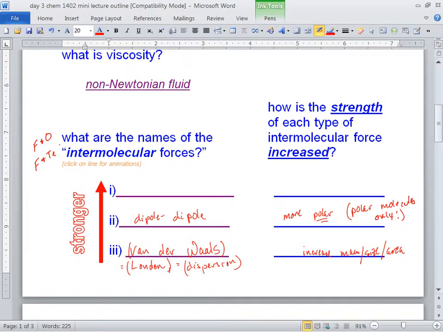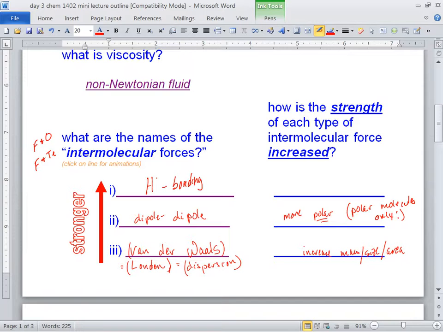One more type, the strongest type of intermolecular force, it's called hydrogen bonding. H bonding. So we've got the strongest type of intermolecular force, hydrogen bonding.